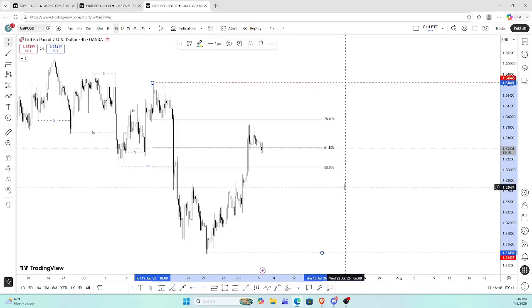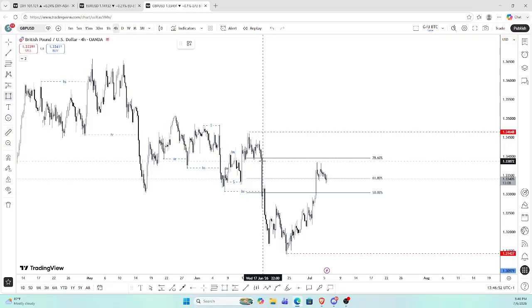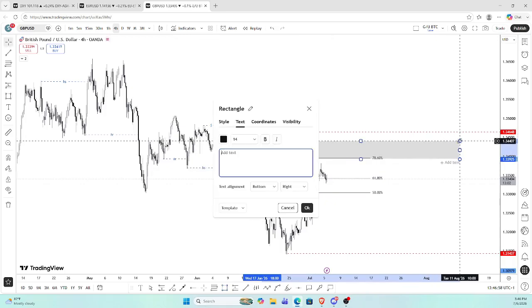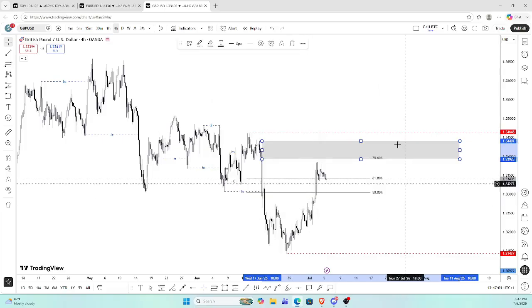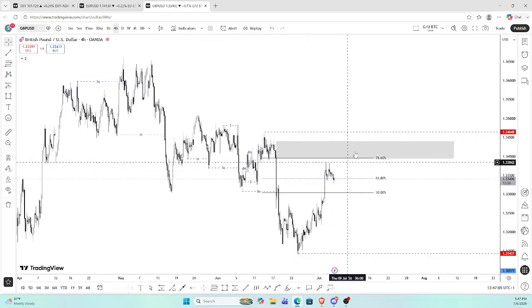And so with me, we have this very good order block.